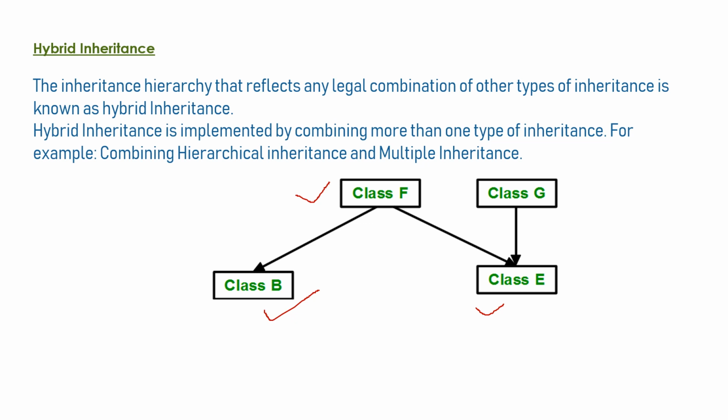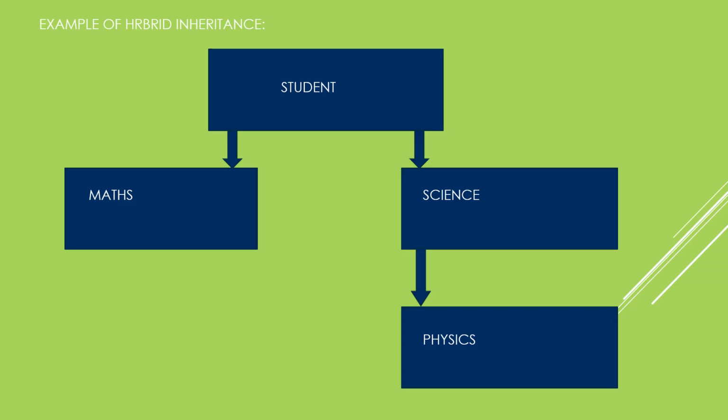Okay, so let's see one example now. In this example we can see that student is our base class and maths is derived from student and science is also derived from the student class.